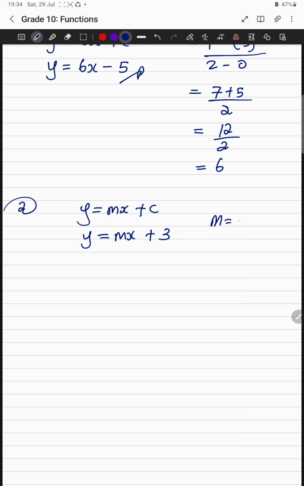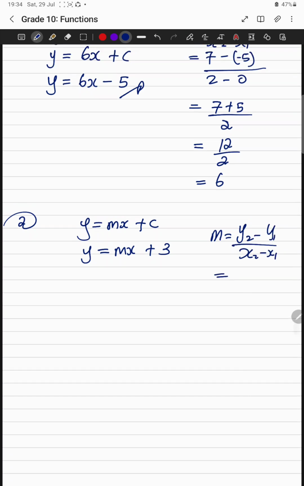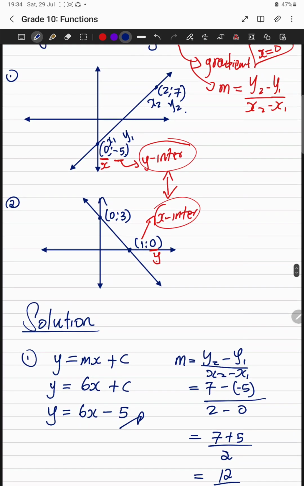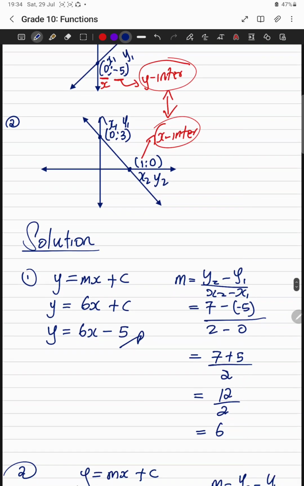the gradient formula, and then we say y2 minus y1 over x2 minus x1, and then we just number them like what we did here. We start from this side, y1 and y2, and x1 and x2, and then we substitute.